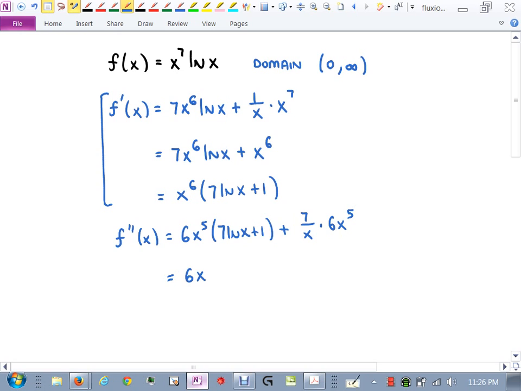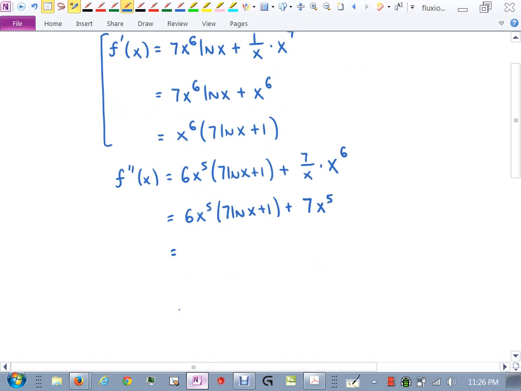We get 6x to the 5th. Oh, you know what? Oops. Nope. Finish off the product rule. This is just x to the 6th, and then I'll go ahead and go through 7 natural log x plus 1, plus 7x to the 5th.